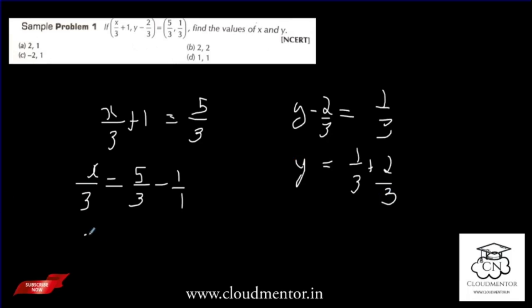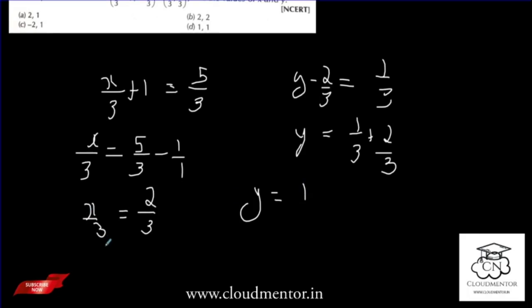We will get x/3 as (5 - 3)/3, that is 2/3, and y we get as 3/3, that is 1. So here x will be equal to 2 and y equal to 1. We got x and y.